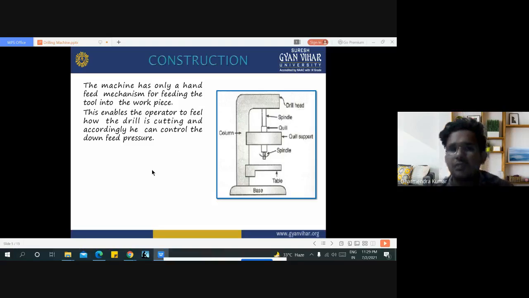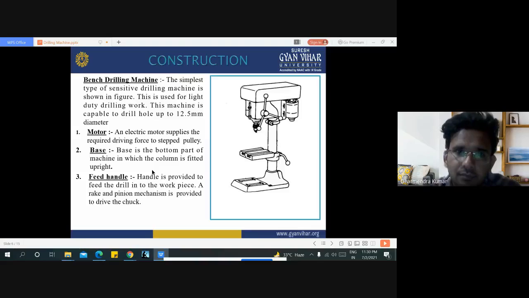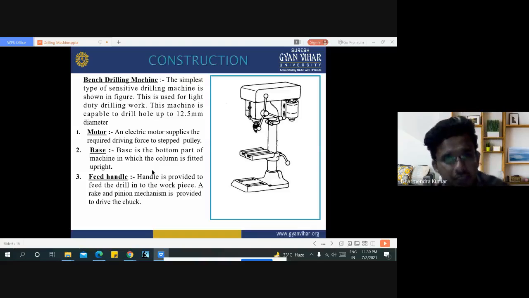The machine has only a hand feed mechanism for feeding the tool into the workpiece. This enables the operator to feel how the drill is cutting, and accordingly he can control the down feed pressure. Here are the constructional details of the drilling machine.